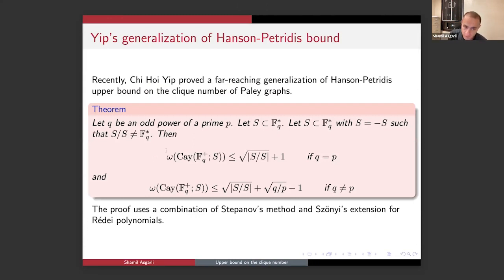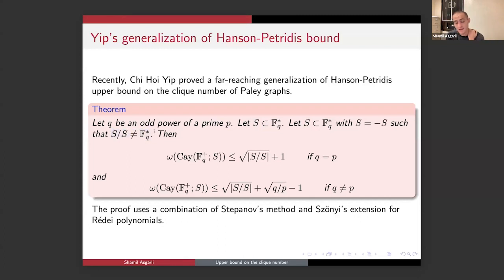So let q be an odd prime power of a prime p, and let S be a subset of F_q star. So this is just a repetition here. Let S be in F_q star with S equals minus S, such that S divided by S is not all of F_q star.